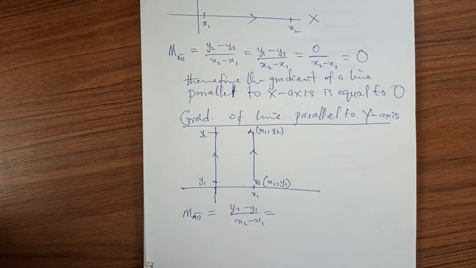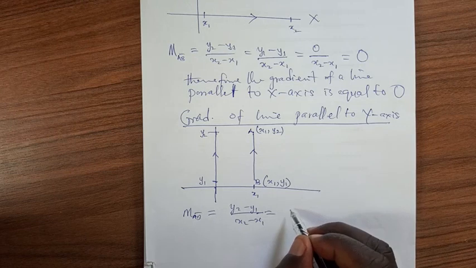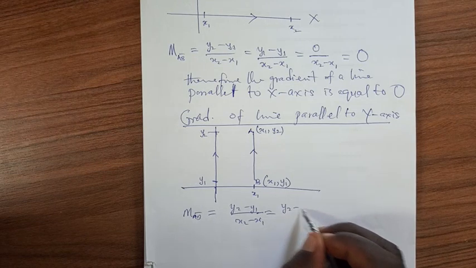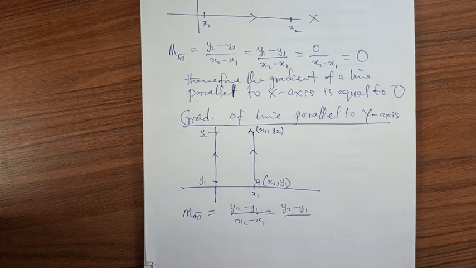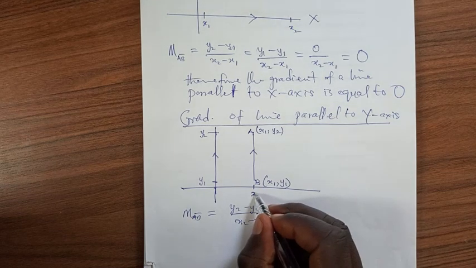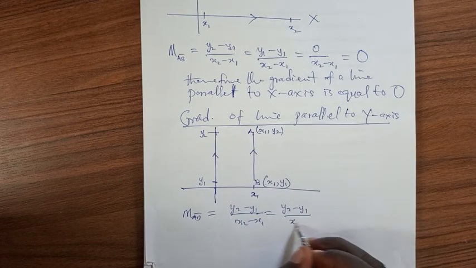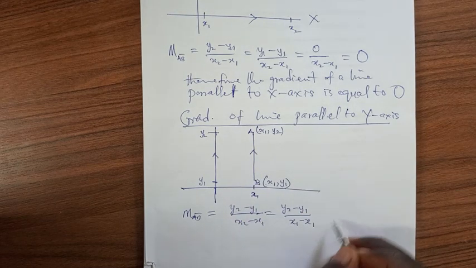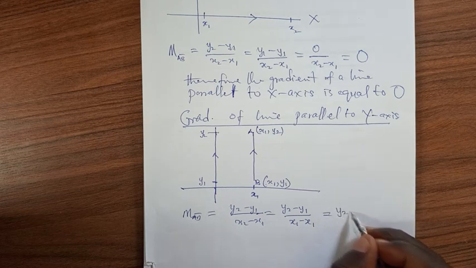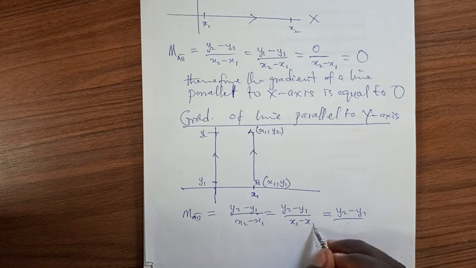But x2 in this case is the same thing as x1. So we have y2 minus y1 over x1 minus x1.